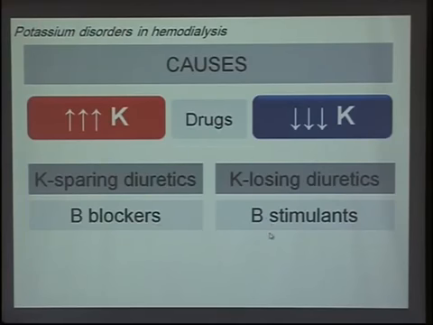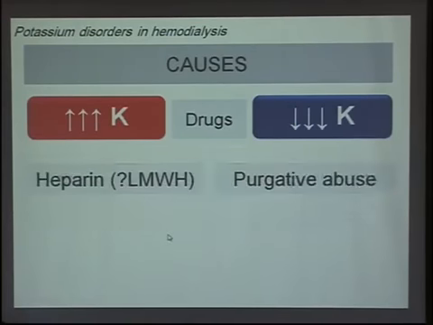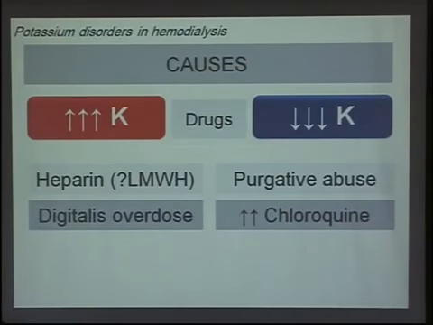Beta stimulants are used as inhalation to decrease potassium, while beta blockers might be a cause of hyperkalemia. Low molecular weight heparin might cause hyperkalemia, while laxative abuse will cause GIT losses and hypokalemia. While hypokalemia might be a cause of digitalis toxicity, yet digitalis overdose might cause hyperkalemia.